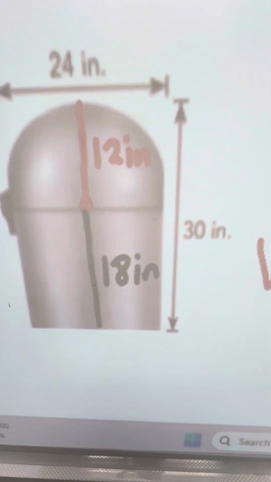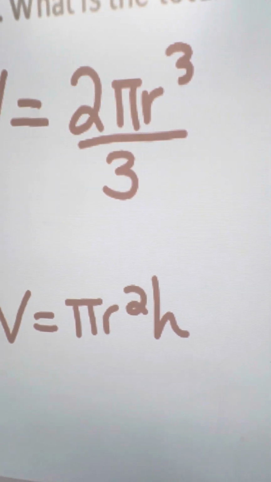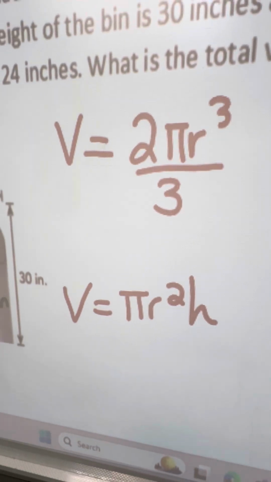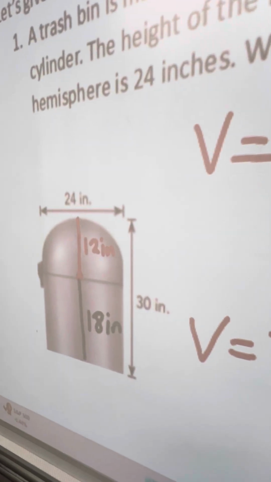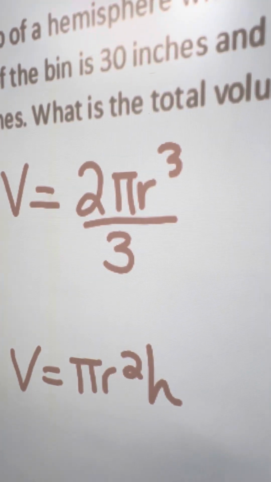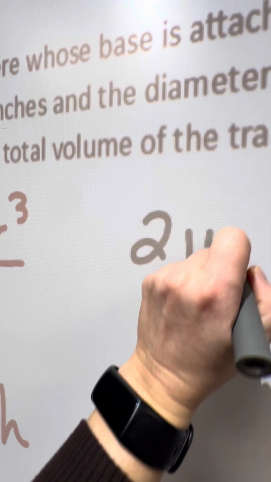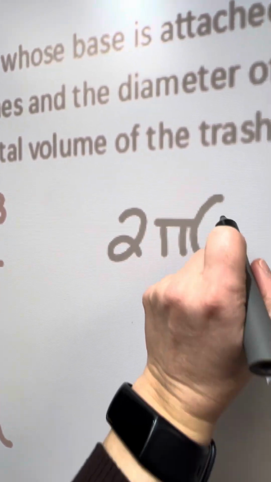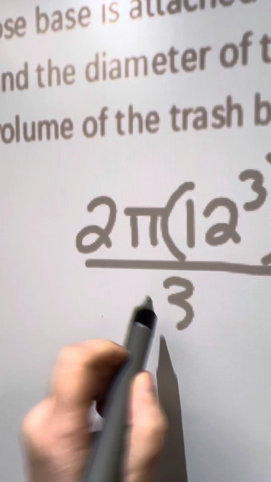Now that I have all that information, I can go ahead and start working on this formula. We'll start with the volume of the hemisphere first. We're going to plug in the information that I have. Radius being 12, I'm going to replace that radius cubed. So we've got 2 times pi times r, which is 12 now, and we're going to cube that and divide that by 3.